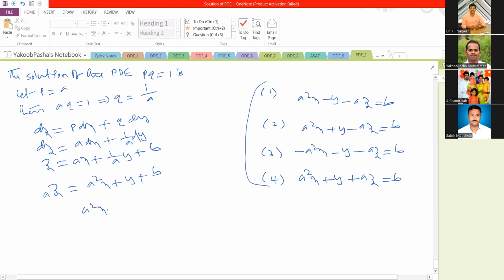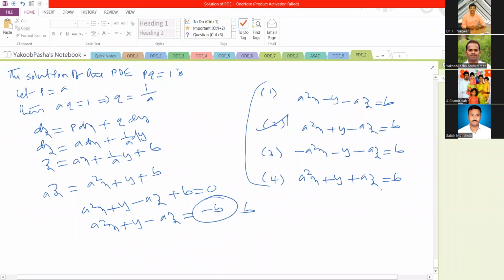So a square x plus y minus az plus b equal to 0. So a square x plus y minus az is equal to minus b. Minus b is an arbitrary constant, so we can write it as b. Therefore the second option is the right option.